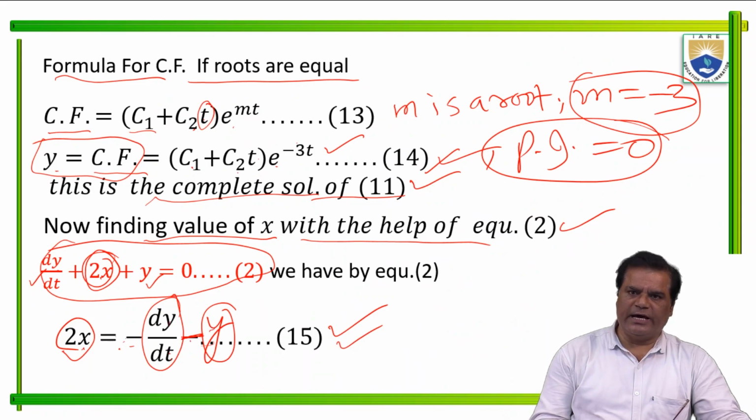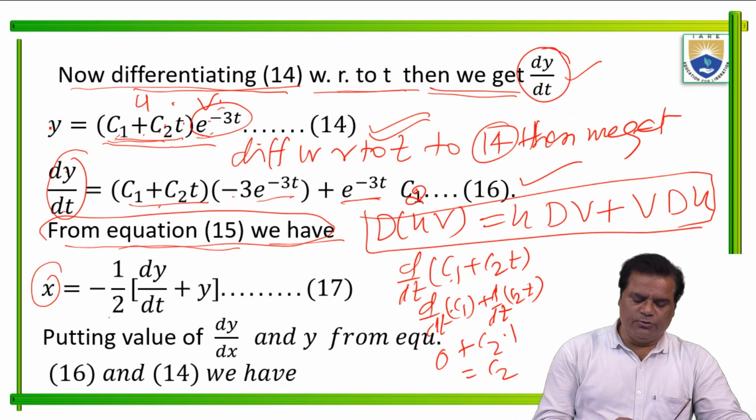Minus is common, both are negative, so minus (dy/dt plus y), and dividing by 2, we get x equal to minus 1/2 (dy/dt plus y).